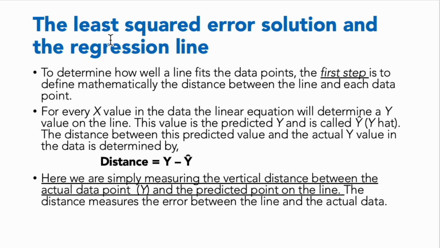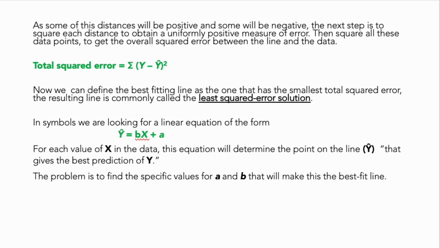This total or the least squared error solution is exactly what we need to find the distance between the actual data points and the predicted data points. So we can define the best fit line as the one that has the smallest total squared error. You may have different types of best fitting lines, but the best fitting line that we are interested in here is the one that has the smallest total squared error.